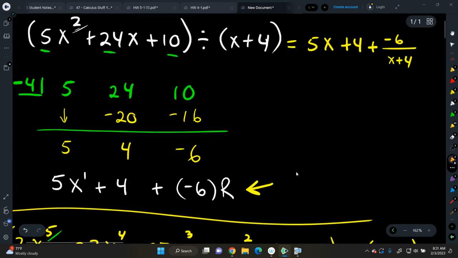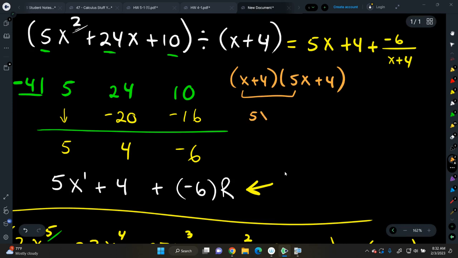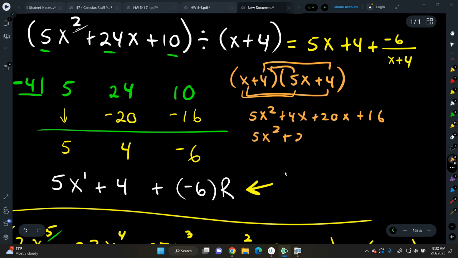All right. So when I divide by x plus 4, I got 5x plus 4. If I take x plus 4 times 5x plus 4, I'm going to FOIL that. 5x squared plus 4x plus 20x plus 16. So I get 5x squared plus 24x plus 16.